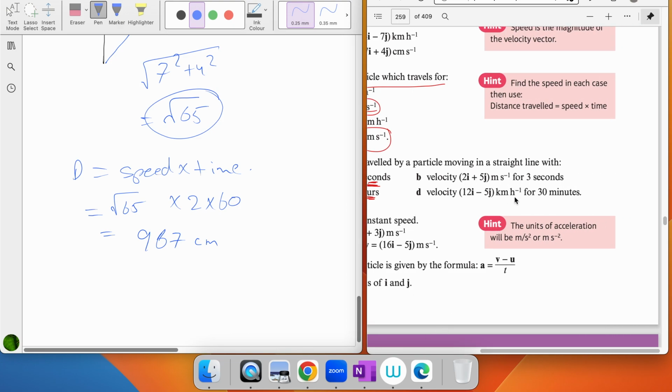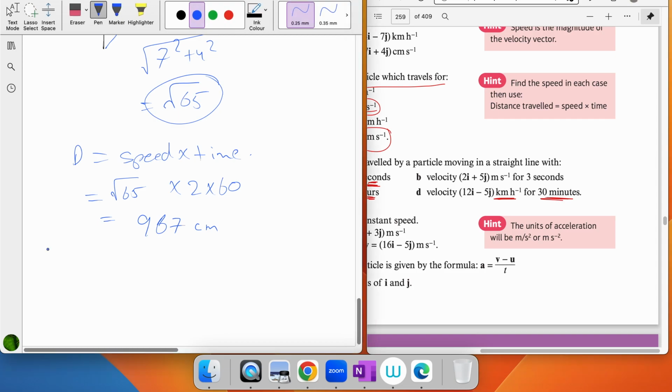Now look at this D part. Let's do this. This is kilometer per hour and this is minutes. So question 3, D part. Velocity is 12i, positive 12i and minus 5j.